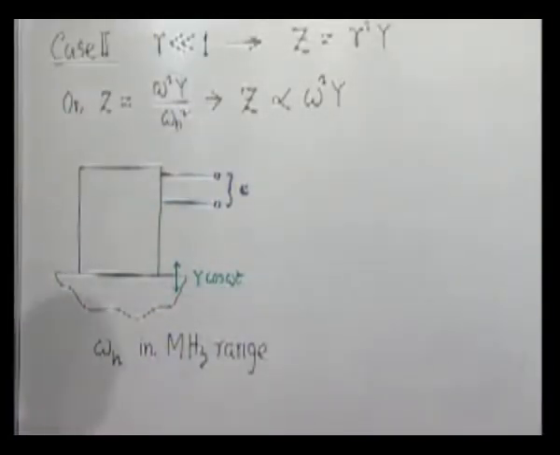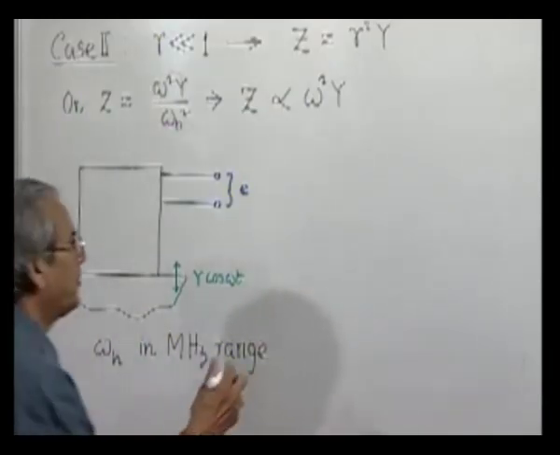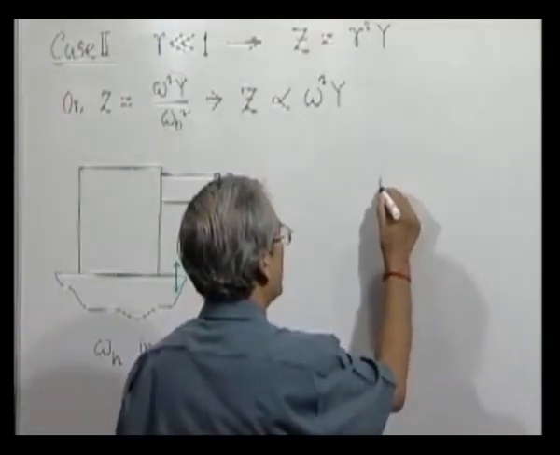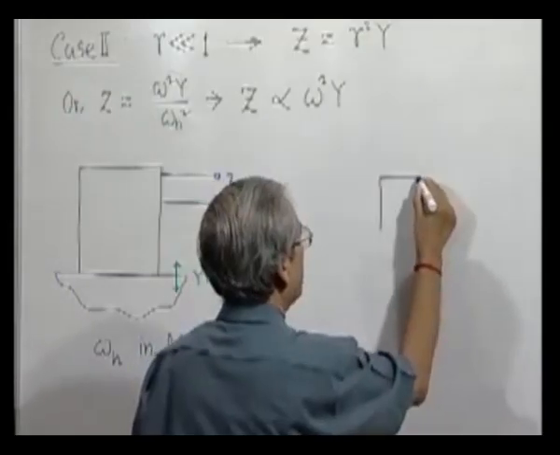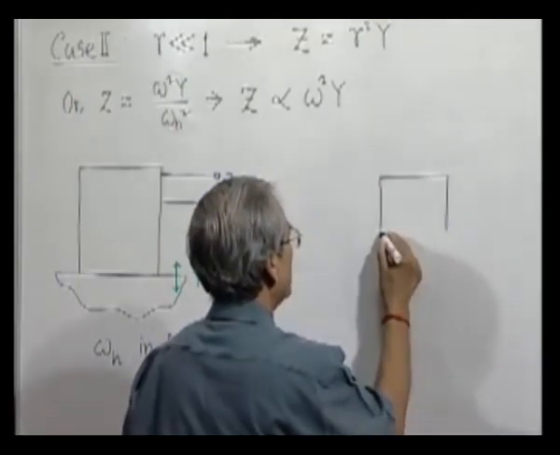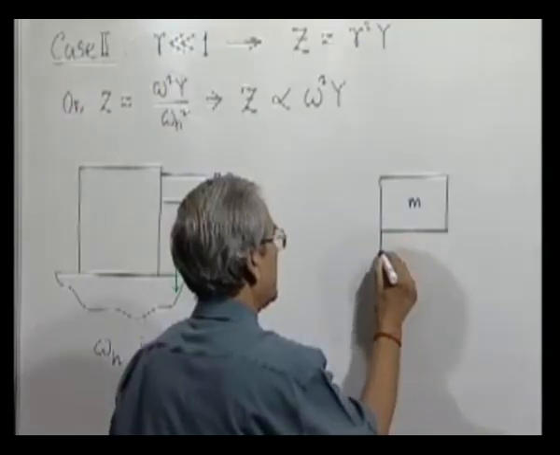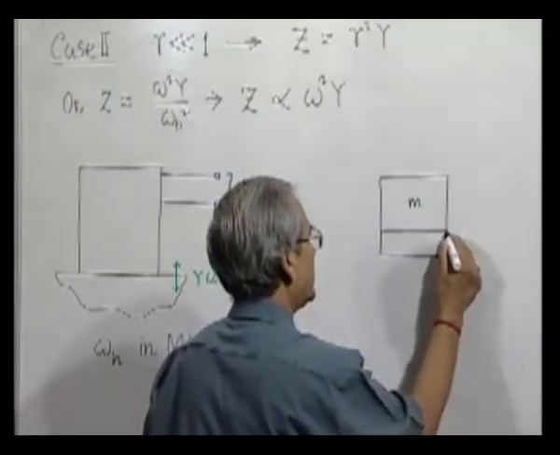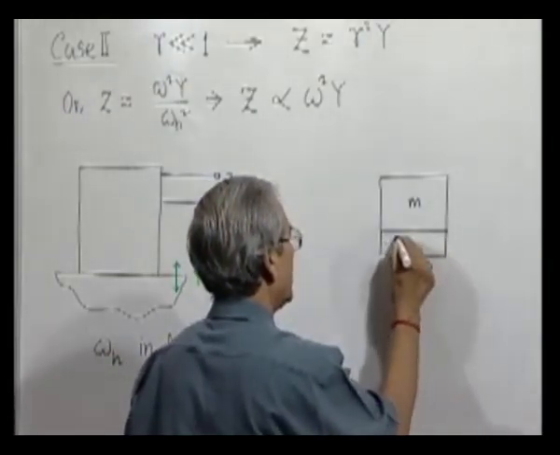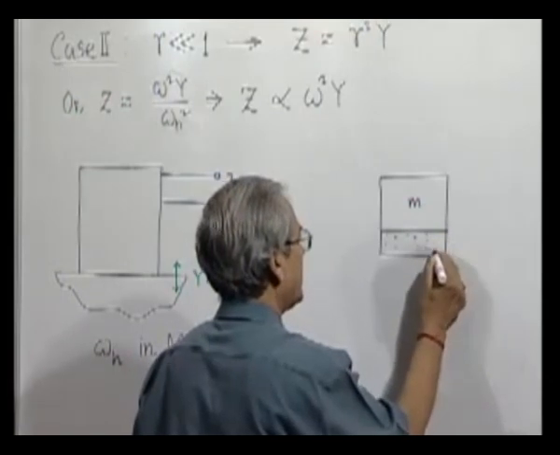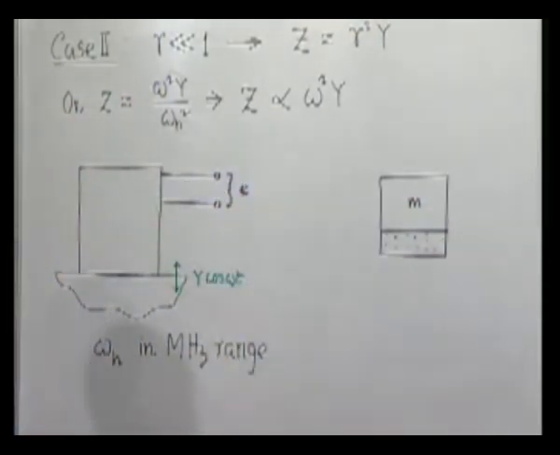Now both these conditions are very nicely satisfied by one type of pickup, where this is the mass, the inertial mass, mounted on a disc of a special kind of material which we call piezoelectric material.